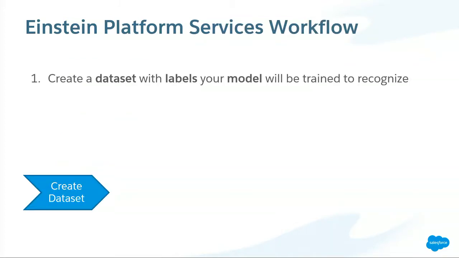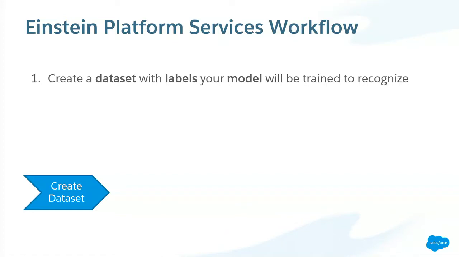How do we use Einstein Platform Services? So the first step that you need to do is to create a data set. If you want to learn how to use the services, you can use some of the Trailhead projects and the already pre-trained data set created by Salesforce, just to create a simple application.